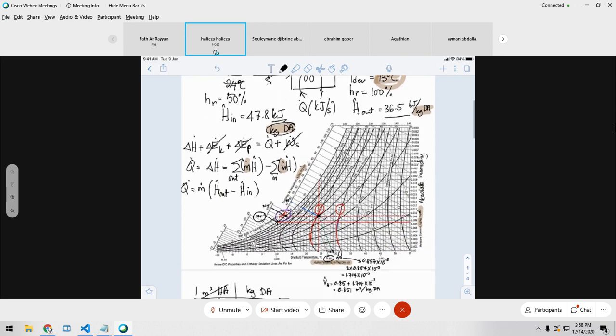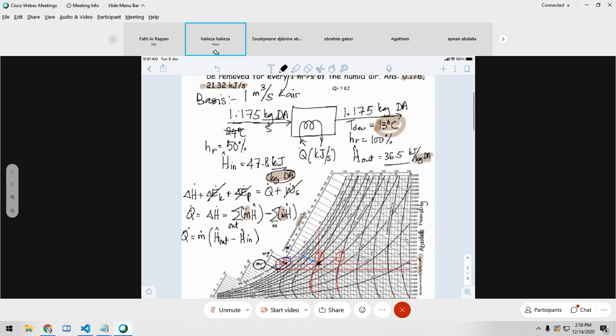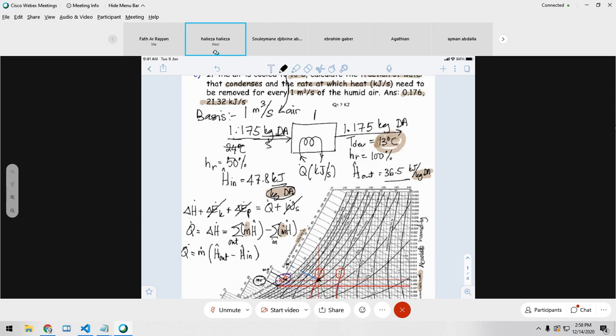Because you're using the psychrometric chart, the reference state should be the same as that of the psychrometric chart, which is dry air at 0 degrees C, 1 atm, and liquid water at 0 degrees C, 1 atm.